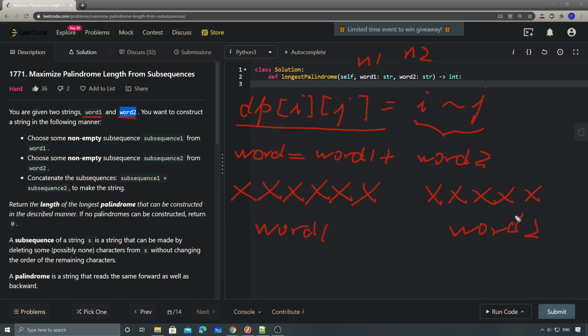All we need to do is enumerate all the indices from both word 1 and word 2.